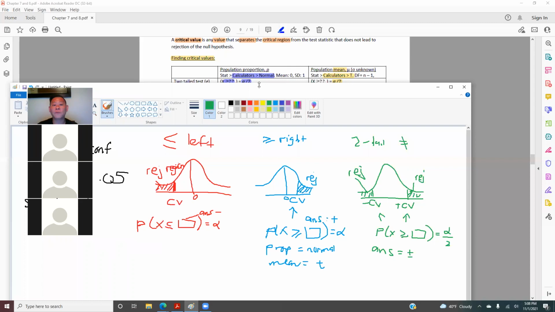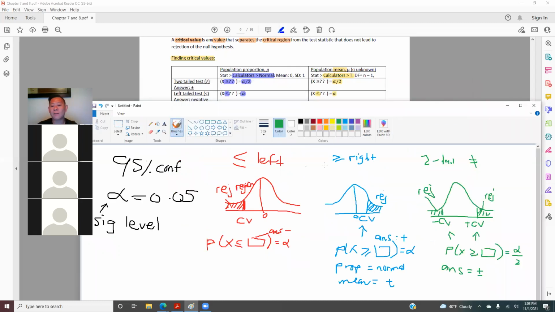So this is how you find the critical region, and it depends on left tail, right tail, or two tail. When I say the 5%, this is all 5%, the part that is shaded. That means the whole remaining area is 95%. Everything from here to there is 95%.